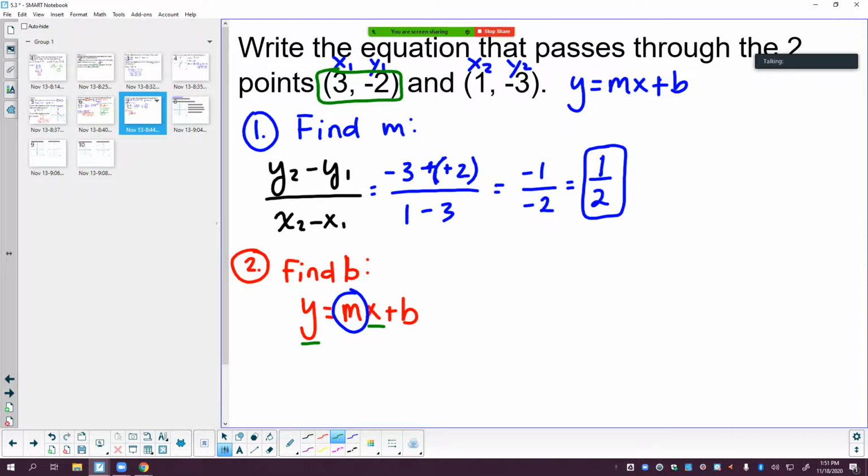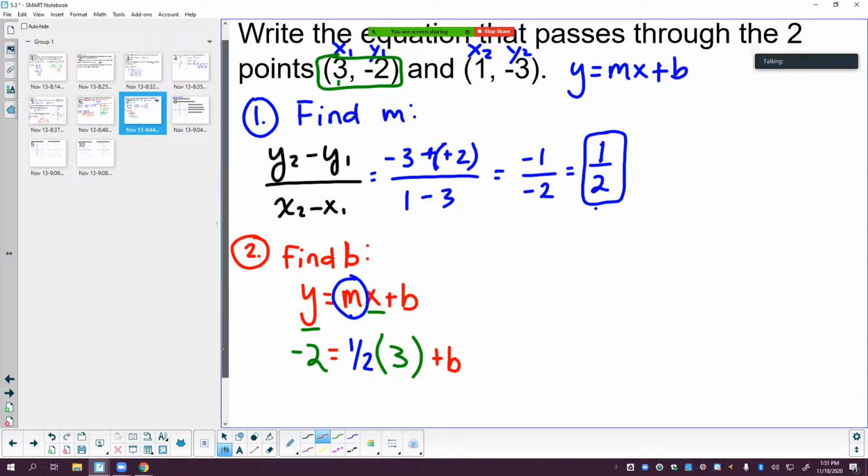That's going to come from right here. So y comes from our ordered pair, that's going to be negative 2, equals m comes from our slope right here, 1/2. x comes from the ordered pair up here, 3. And then I still have plus b.